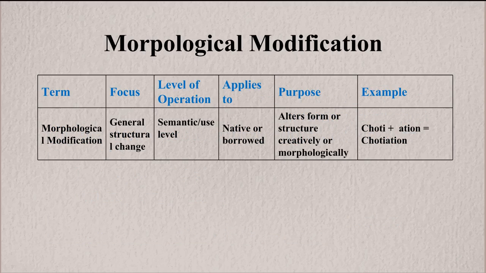The primary purpose of this structural aspect is to alter form or structure creatively or morphologically to meet communicative or expressive needs. And the level of its operations is the semantic or lexical level, use and meaning. For example, the hybrid form quotiation, chodi plus ation, demonstrates how a borrowed or culturally specific lexical item can combine with an English derivational affix.